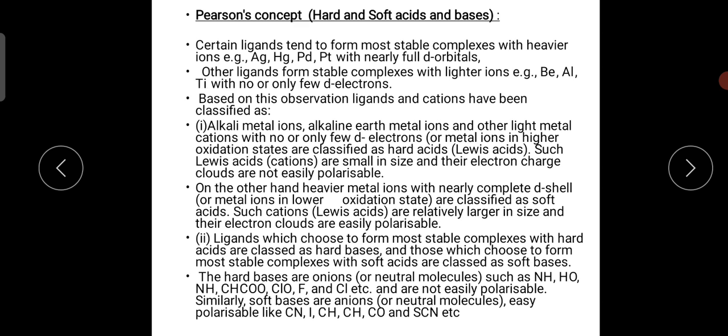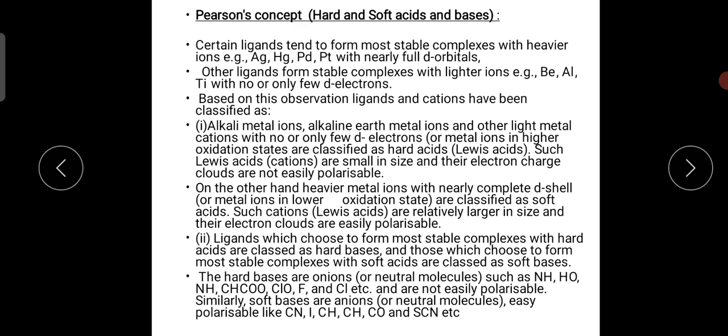Next, ligands choose more stable complexes. With hard acids, we can call them hard bases. If it is a soft acid, we can call it a soft base. So hard bases are anions, and they are not easily polarizable.